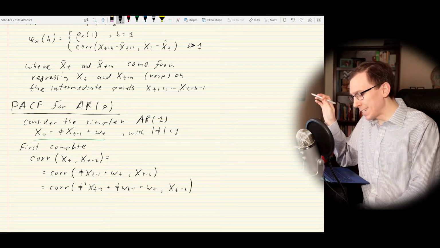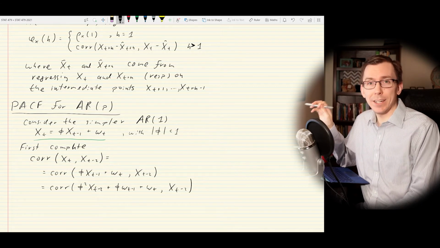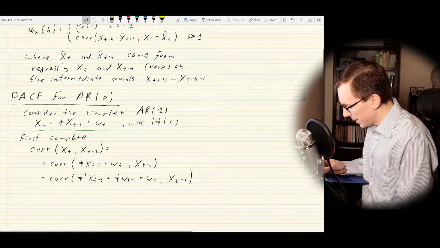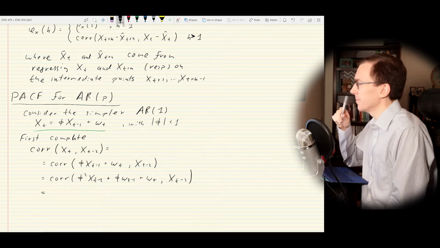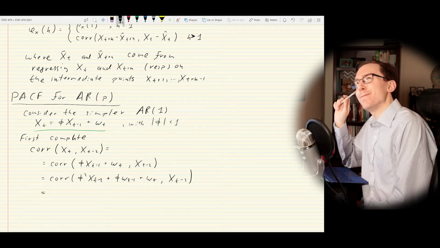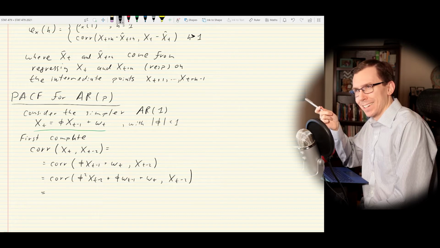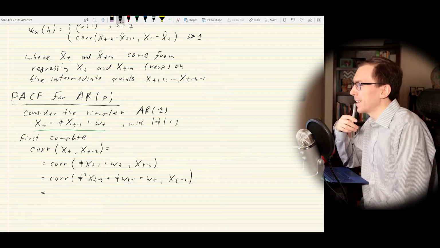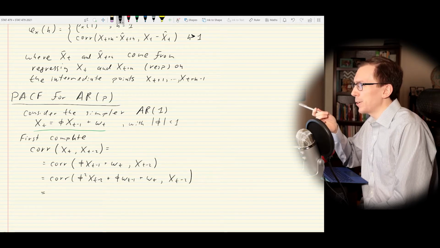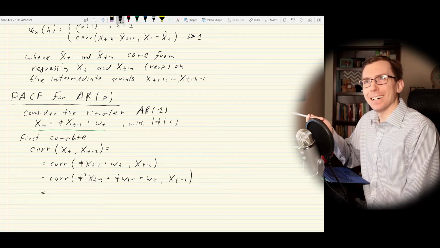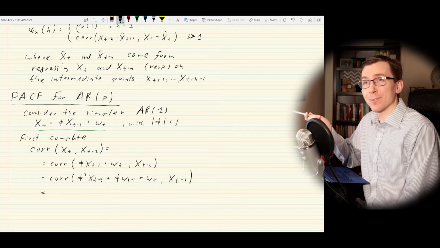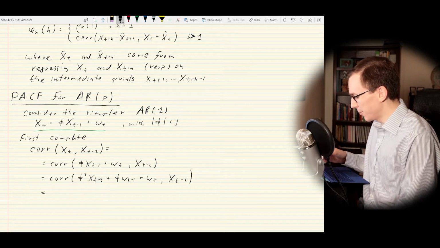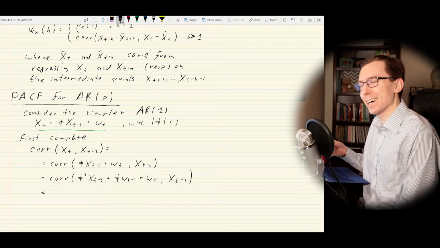The reason we did this is because the correlation is bilinear, and actually, it's interesting. The covariance is bilinear. The correlation would have a different denominator, I think. But in this case it'll be okay because the white noise terms are just going to be 0, so it's not actually going to matter.